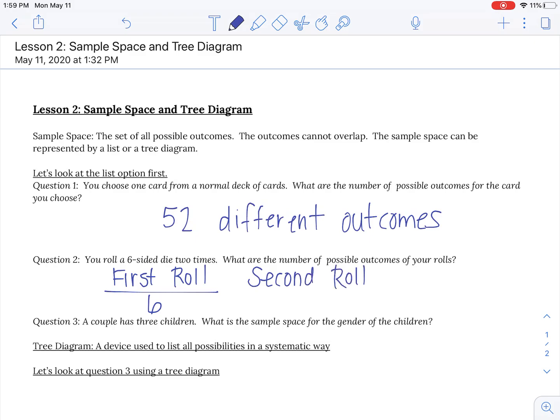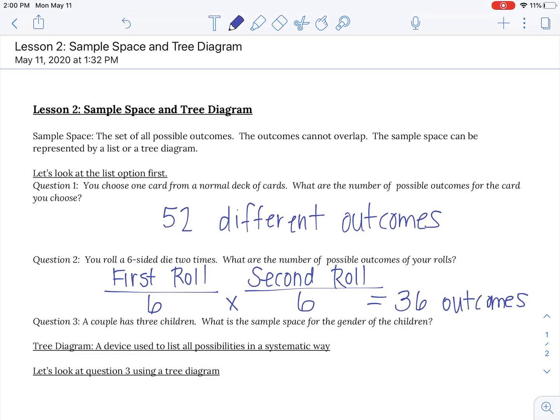That same die would be used, so there are 6 options on that die. And when you have multiple options in an experiment with possible outcomes, you multiply those, and it tells you your total outcomes will be 36. Once you can wrap your head around these, they actually become very simple because they're just multiplication problems.